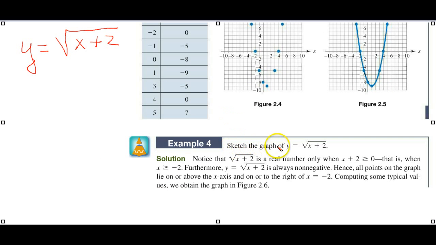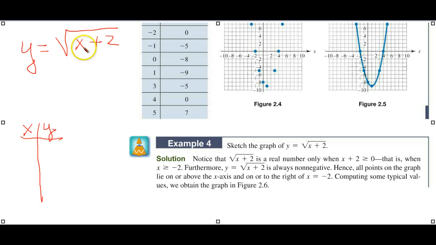Now we're asked to sketch the graph of this, and as we look at this, it is a radical, and we're looking at x plus 2 as the radicand. You're going to think, what points do I put on my t-chart as I start to gather points to find out what y would be?